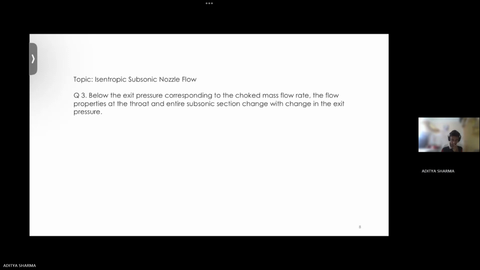Question number 3 says, below the exit pressure corresponding to choked mass flow rate.